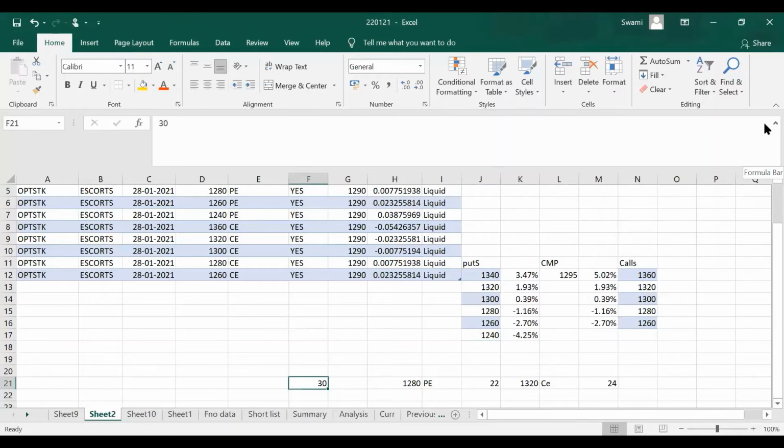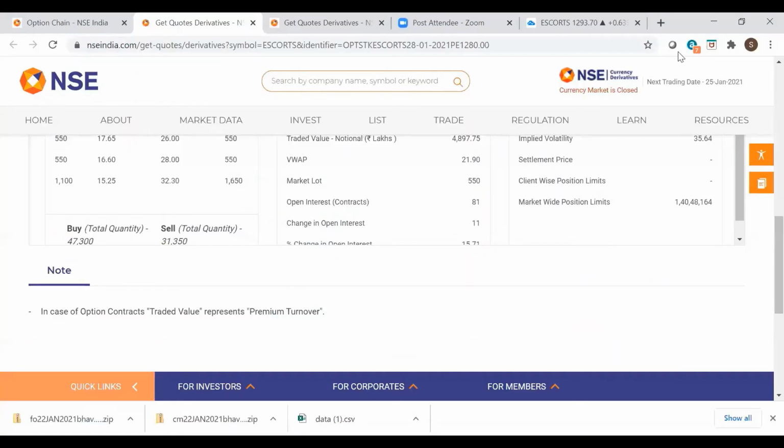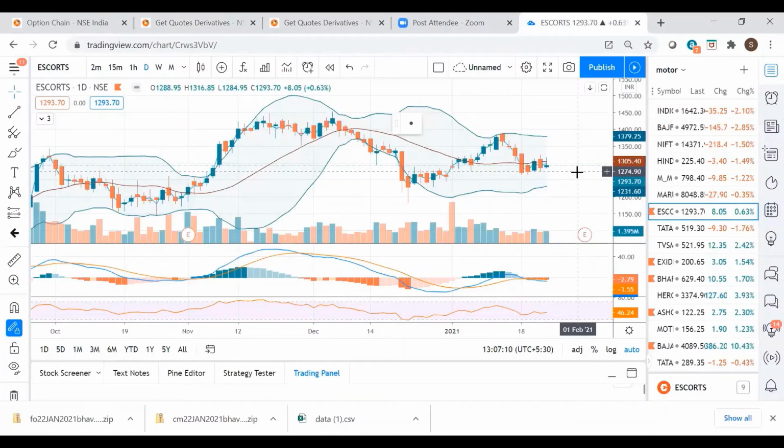on Escorts. So basically, I will wait for a range to break, because if you see the charts also, anything below 1280, the stock is weak and it is expected to go down.